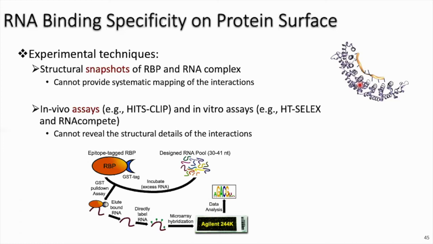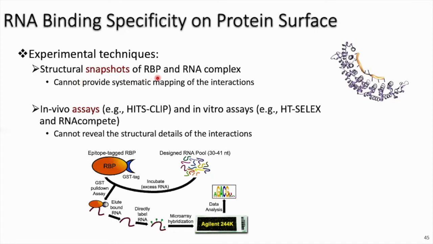Let me remind you of the measurements and data we can use to investigate the interaction between protein and RNA. First of all, we can have the precise measurements, which are the structure snapshots of the RNA-binding protein and RNA complex. However, such measurements can be very expensive and time-consuming, so the available data are very limited.